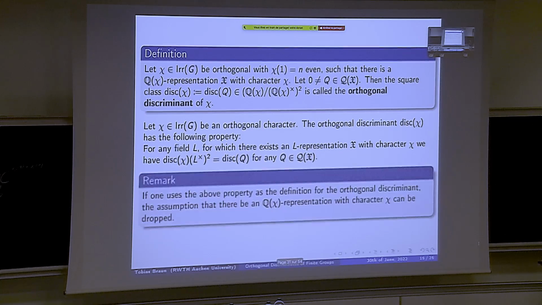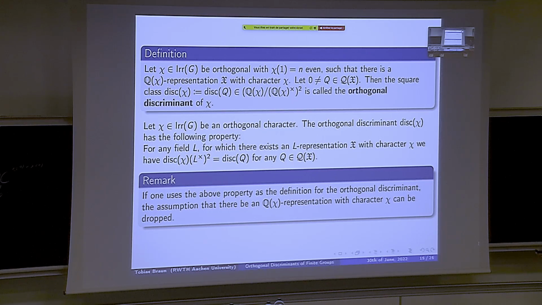And in fact, you can use this property as a definition for orthogonal discriminants, and you will get something more general. Actually, you don't need this technical property which I mentioned here, that there must be a representation X with this character chi over the character field. Of course, you then have to show that such a square class exists, because that's not obvious.